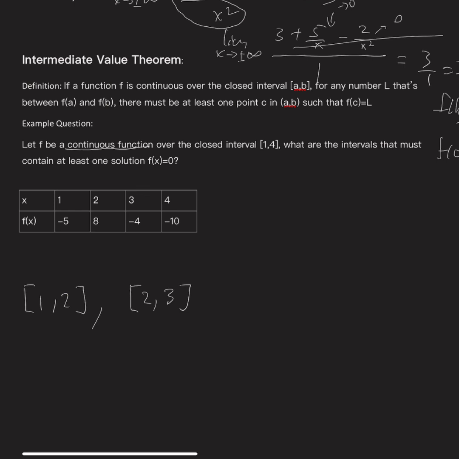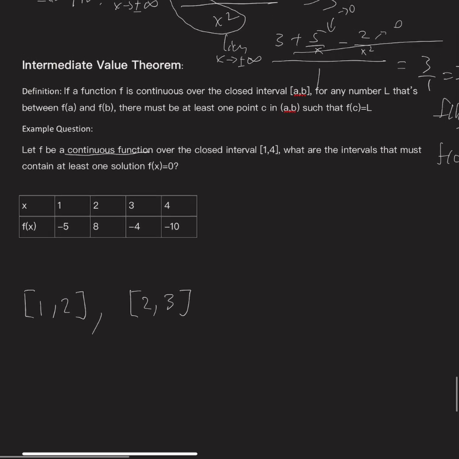So these two intervals are the solution based on the intermediate value theorem. However, if the question doesn't give you that the function is continuous, then we cannot say that this interval must contain at least one value c, because we don't know what happened in between.